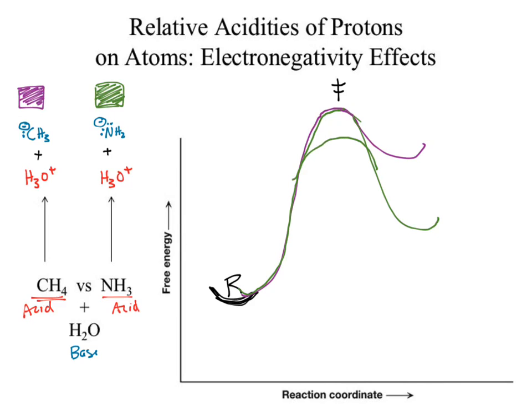It shifts down a little bit. What does that mean for us? It is easier to get to, which then means more likely. So we get two effects contributing to the nitrogen being our primary product. One, it's lower in energy, and two, the transition state is a little bit lower in energy.